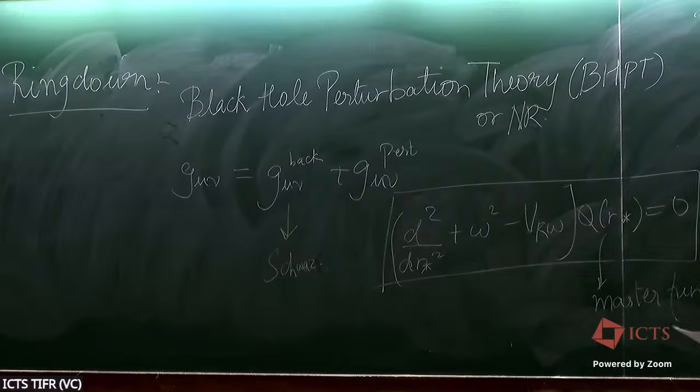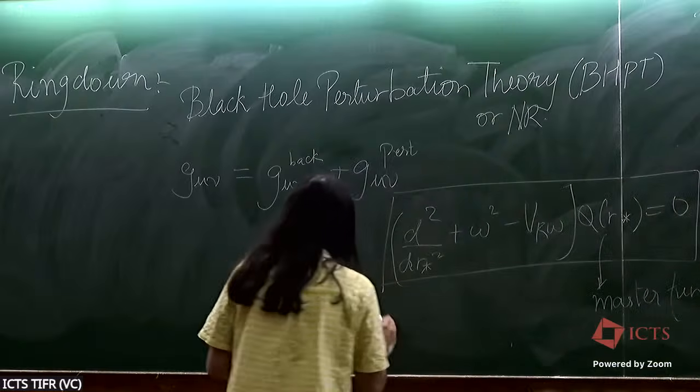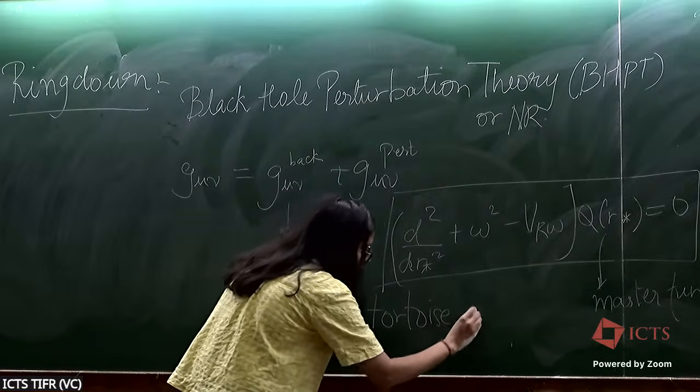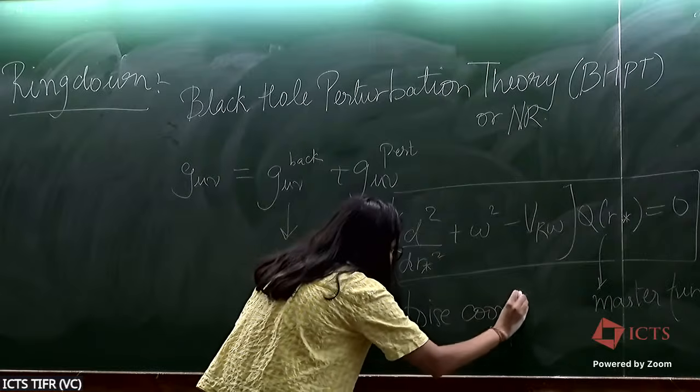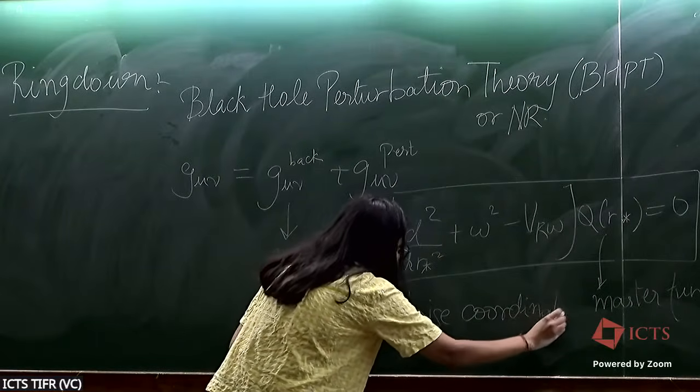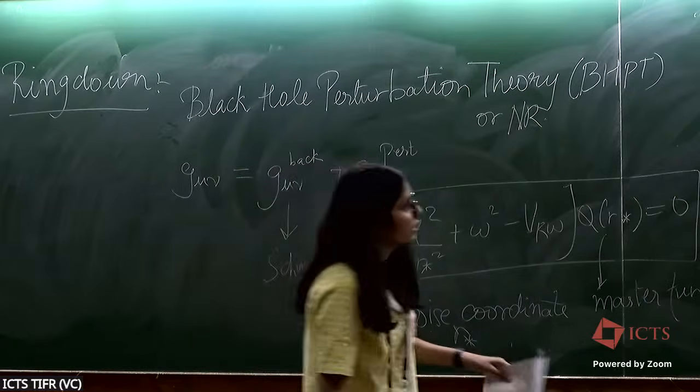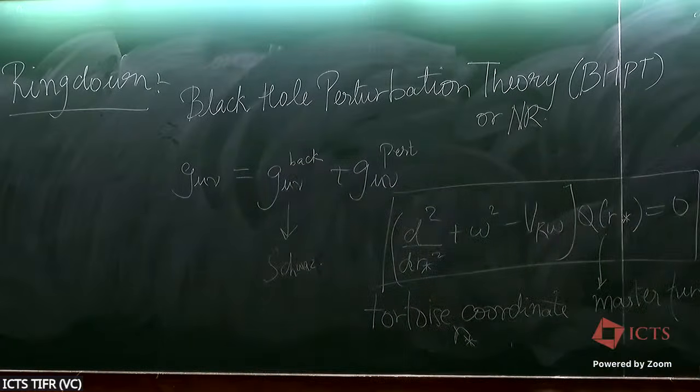Now, here I am using R star, which is the tortoise coordinate. And it is related to the radius R as follows. For Schwarzschild, it's like this.